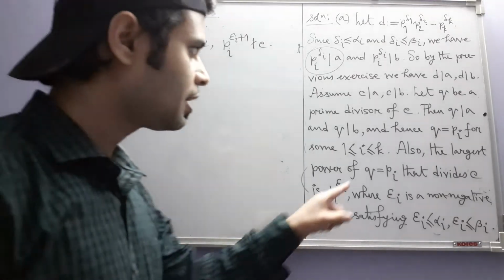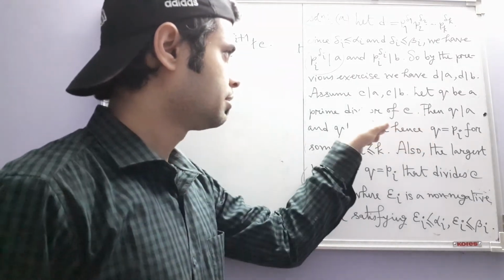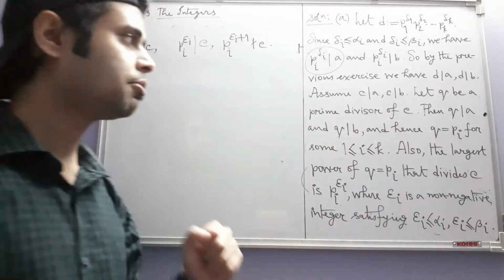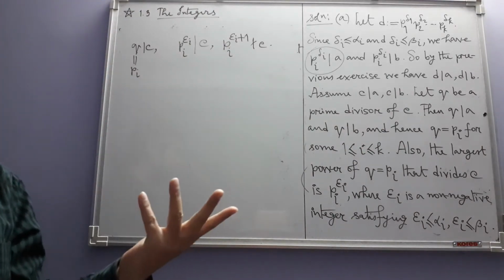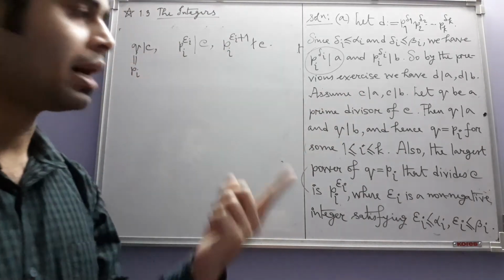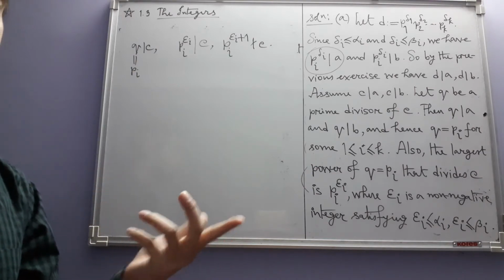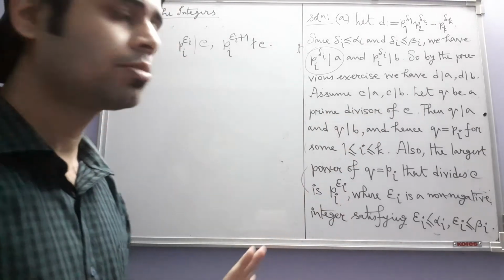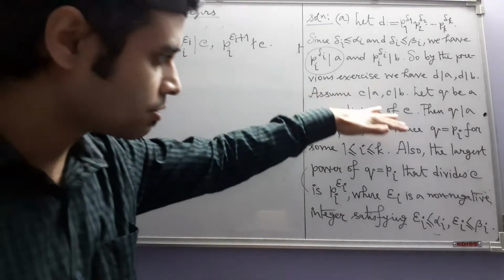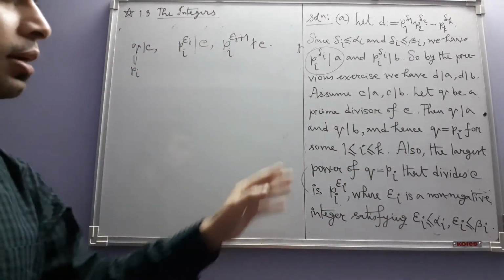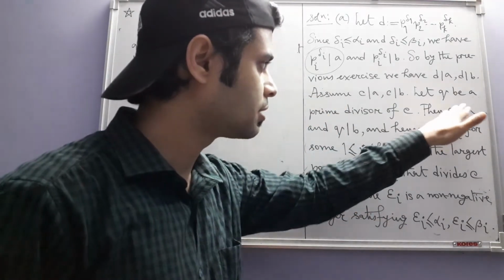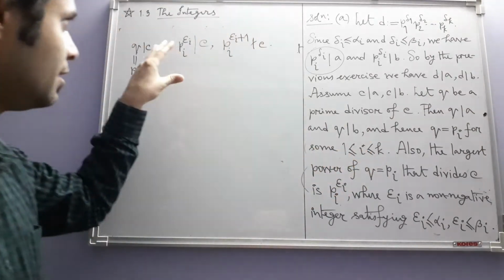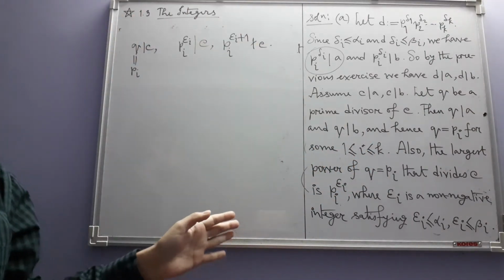Now, because we have a condition that C may not be divisible by any prime, you see that is also a case. C may be 1 or minus 1. In that case, C is not divisible by any prime. So this whole thing becomes conditional. If there is a prime divisor Q of C, then it behaves like this.